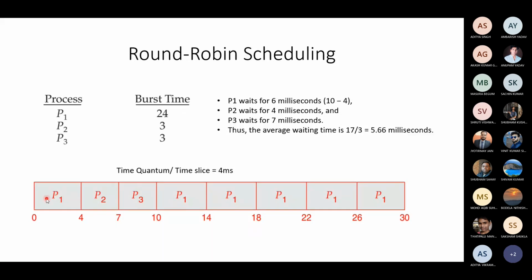So process P1 will take only 4 seconds. Then it will wait. Process P2 will come and it will take time to finish its job. But before 4 seconds, before the time slice, it finished the job, so it needs only 3 seconds. Process P3 will come again. Process P3, the allotted time is 4 milliseconds, but it only needs 3 milliseconds, so it finished before the time, then the processor will be available.